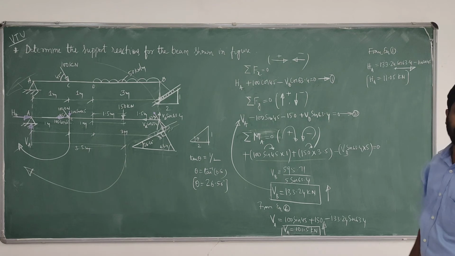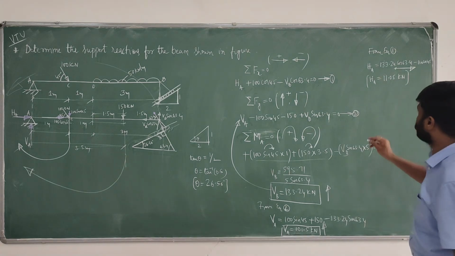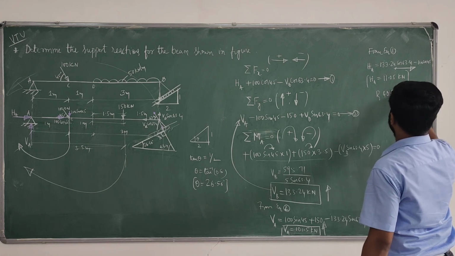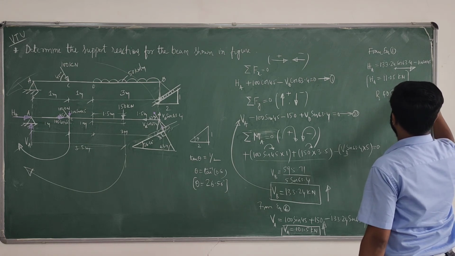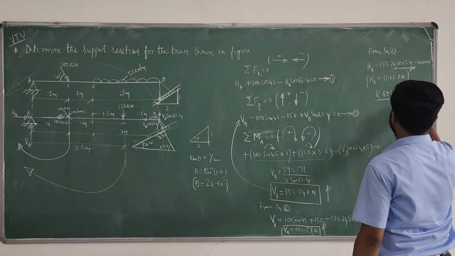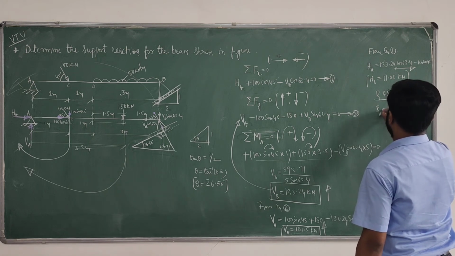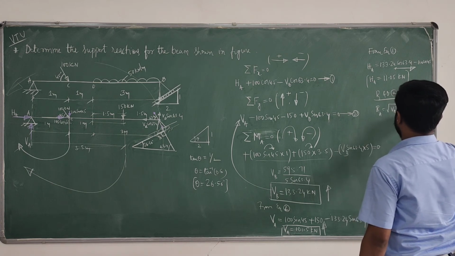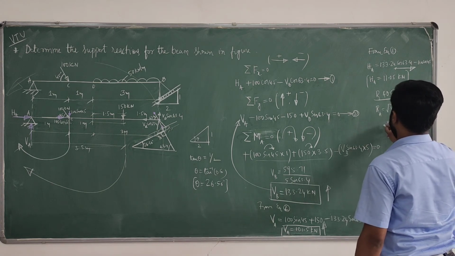Finally, if you want the hinge support resultant, so resultant R and theta at hinge support. That is very simple. RA equals square root of VA square plus HA square. Just substitute the values of VA and HA.